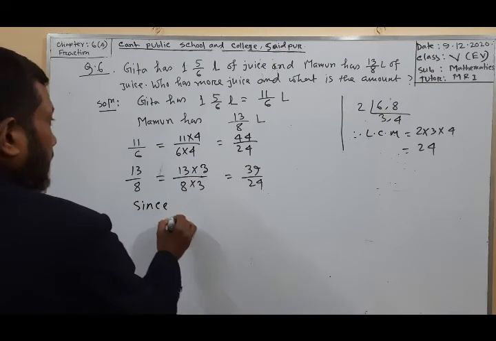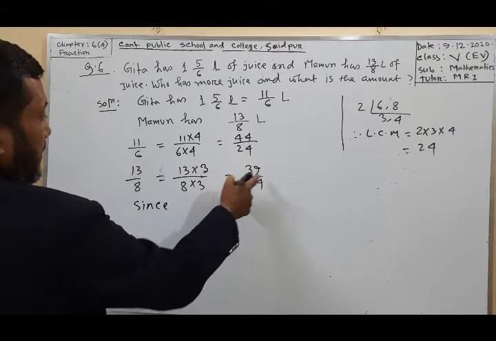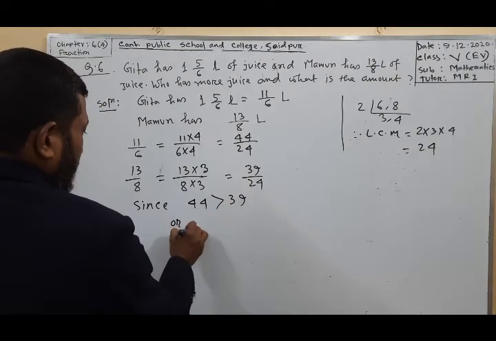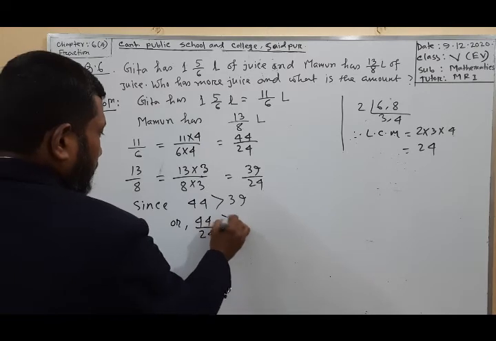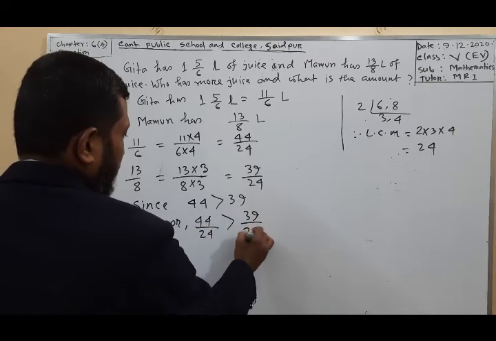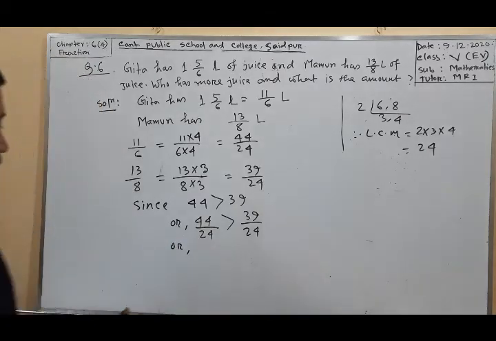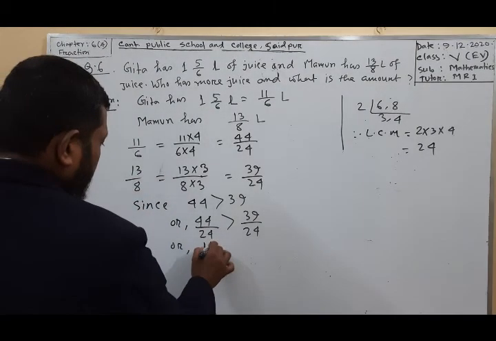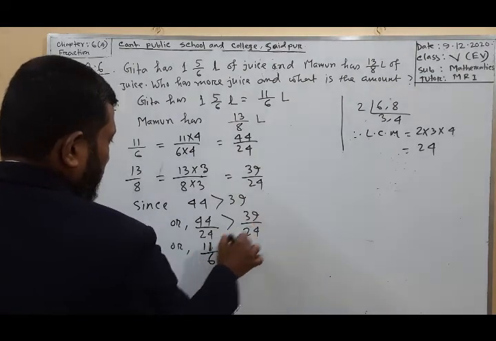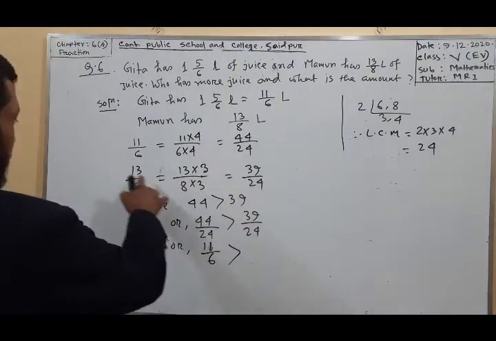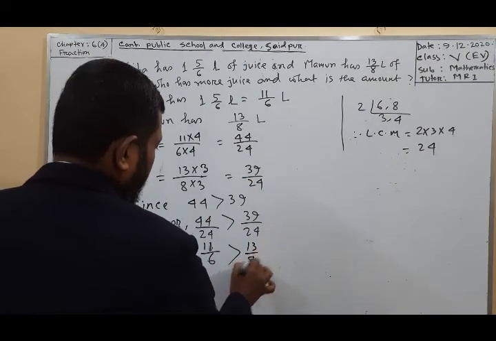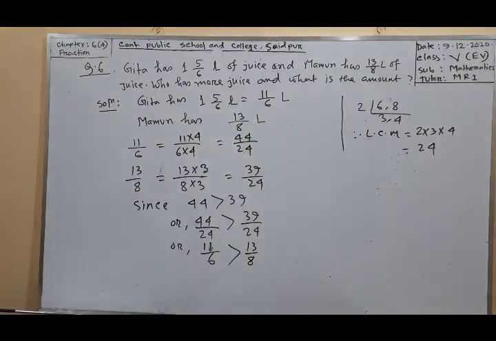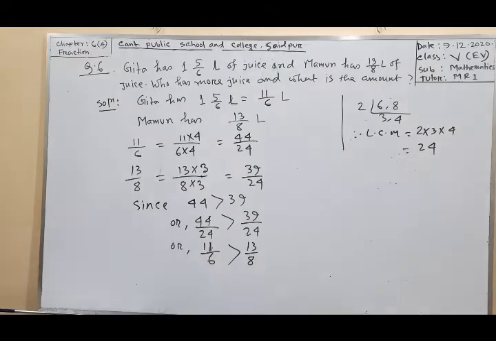Since 44 and 39, 44 is more than 39. 44 divided by 24 and 39 divided by 24. 44 by 24 is the equivalent fraction of 11 by 6, and 39 by 24 is the equivalent fraction of 13 by 8. Here 11 by 6 is the amount of Geeta, and 13 by 8 is the amount of Mamun.